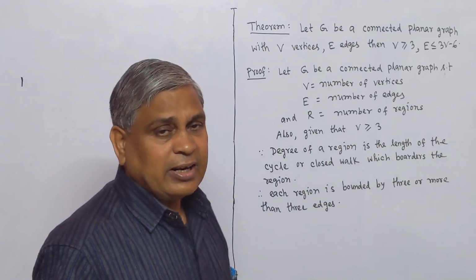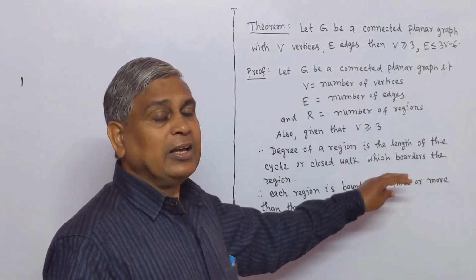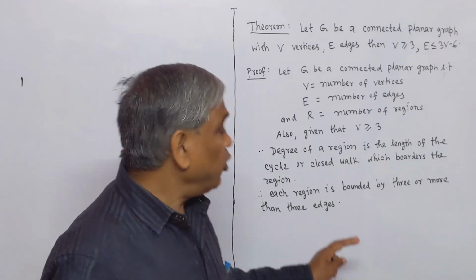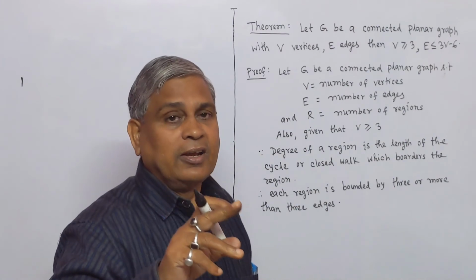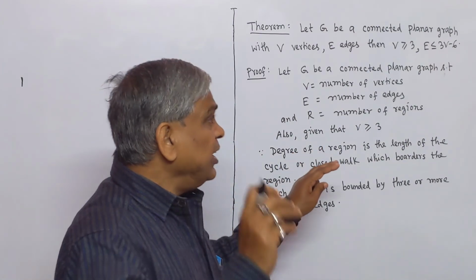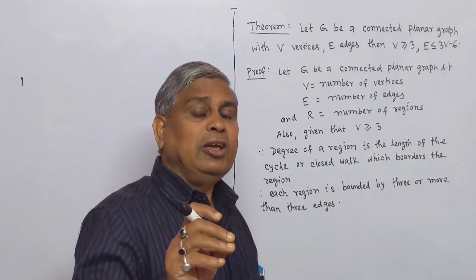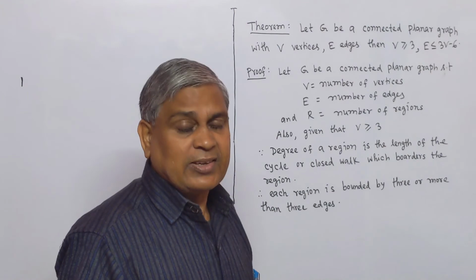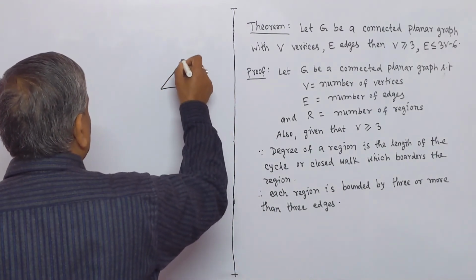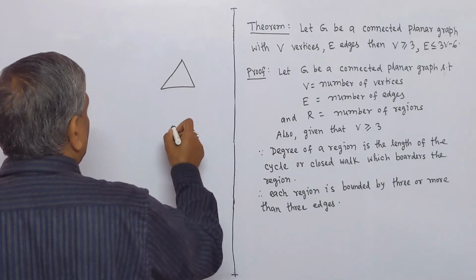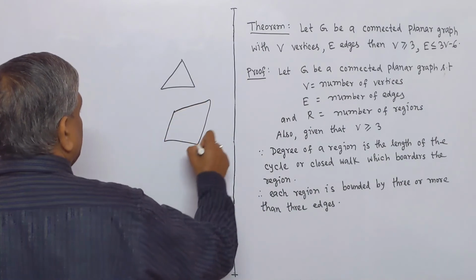Since we know that the degree of a region is the length of the cycle or closed arc which borders the region. Since each region is bounded by 3 or more than 3 edges, here we see that this is a region bounded by 3 edges, or we get more than 3, here 4 edges.